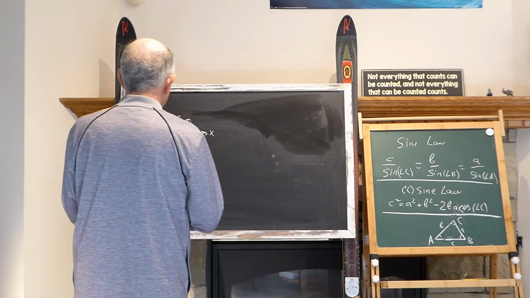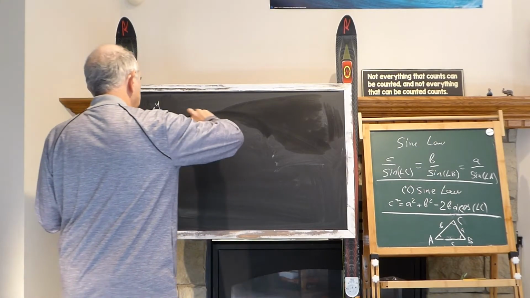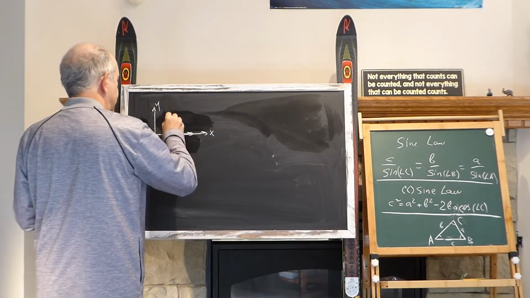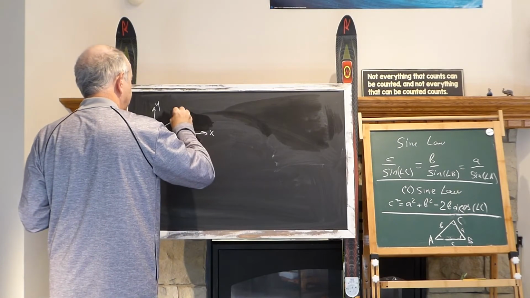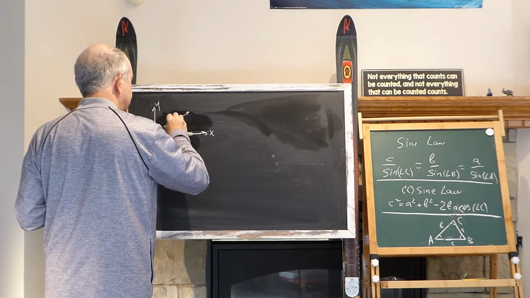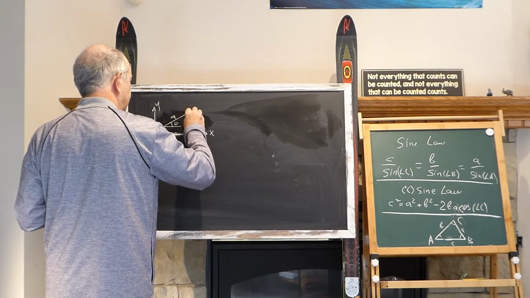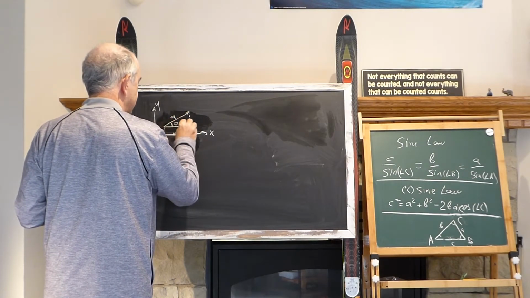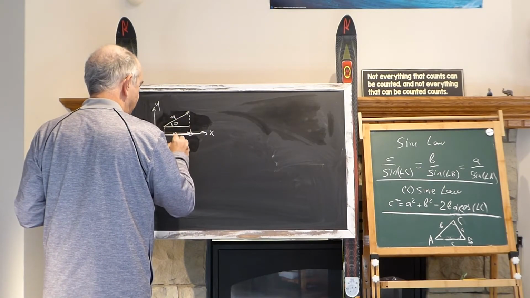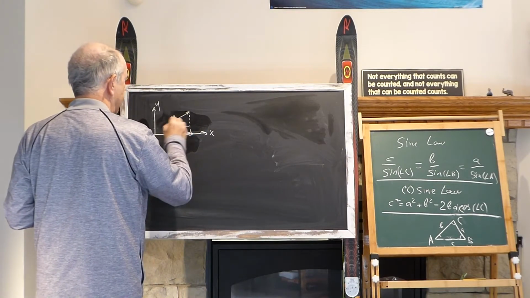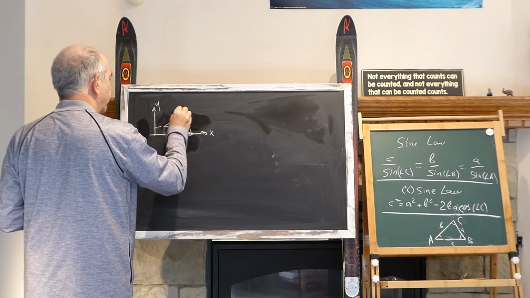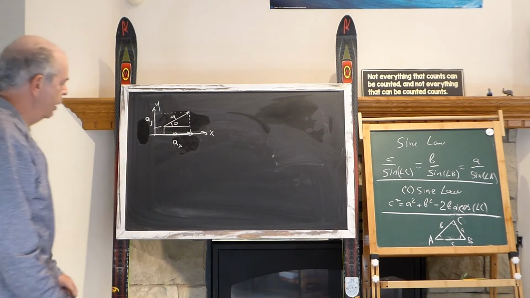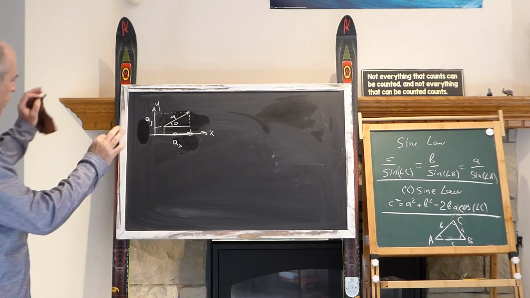Let's draw this picture a little bit bigger because it's suddenly crowded. Let's say this is a vector, and let's say this is the angle, and this projection would be ax, and this projection would be ay. And then what can we tell?